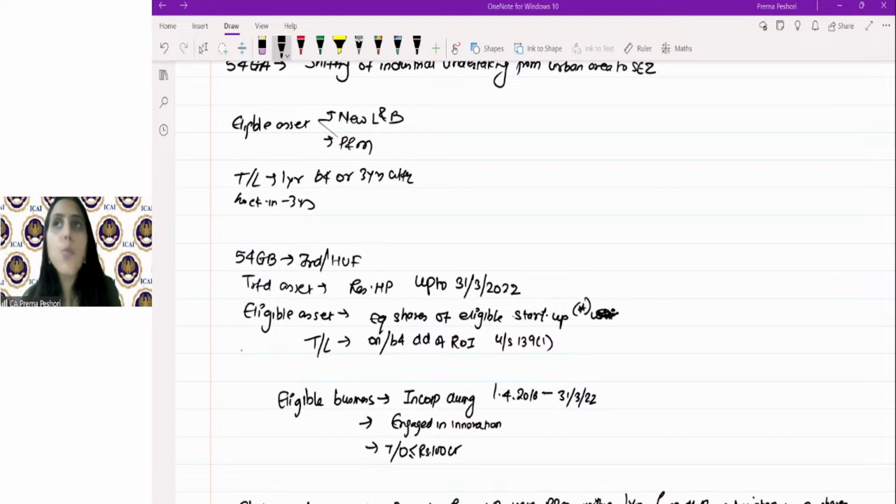But here the possession was not given, only the license was given to start selling, to start advertising, developing, and construction on the land. Here the possession was not at all transferred. So the license was given for the purpose of developing the land into flats.